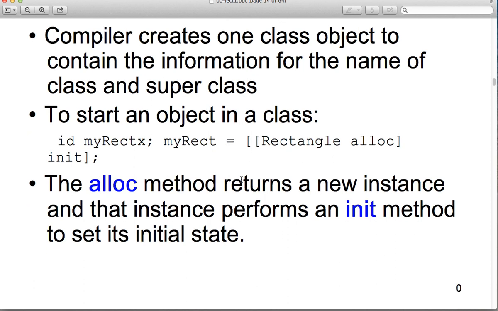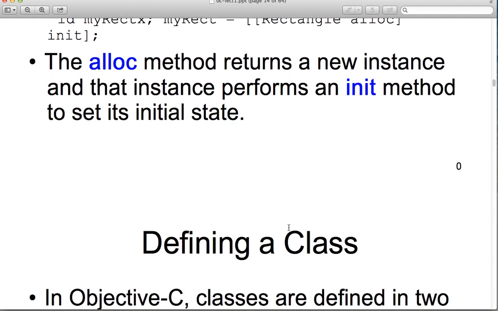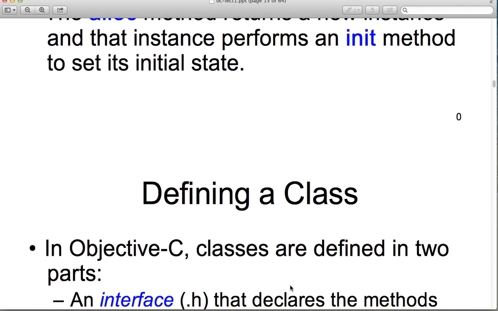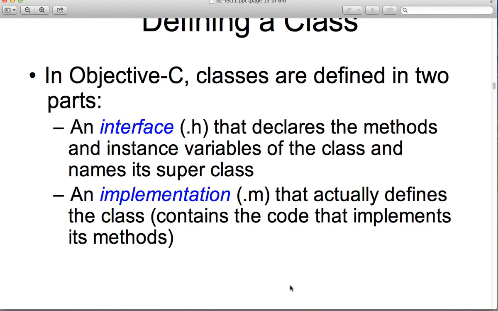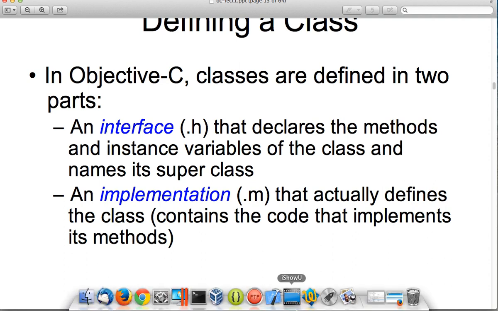The alloc method returns the new instance, and that instance performs an init method to set its initialized state. So init is short for initialization. They call them initializers in the language. So when you define a class, you're defining the .h interface and the .m implementation. So we covered that part as well in terms of the file format.